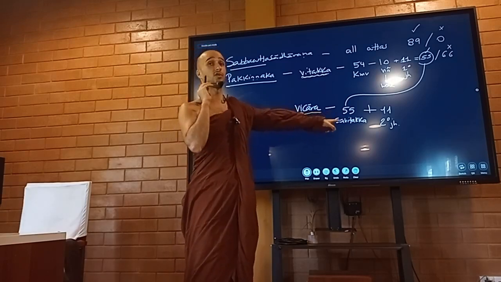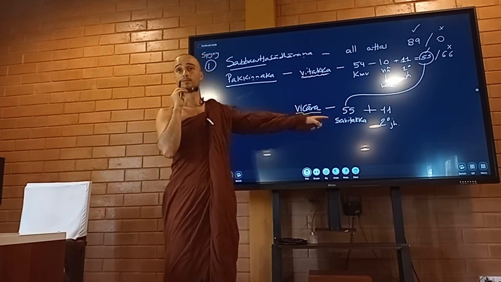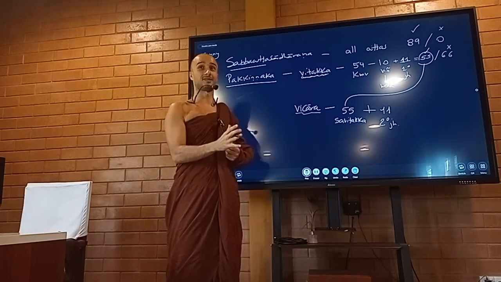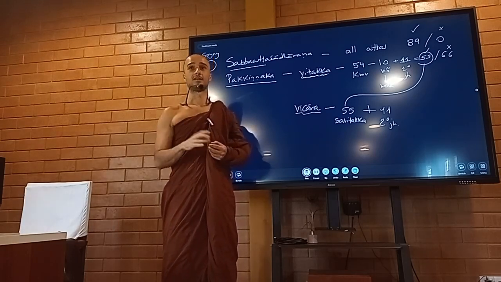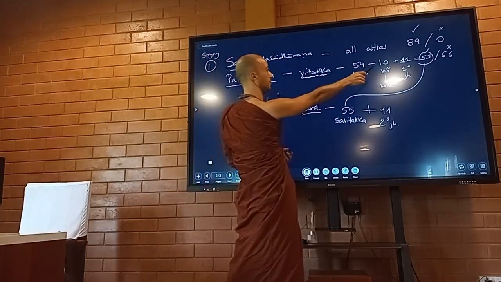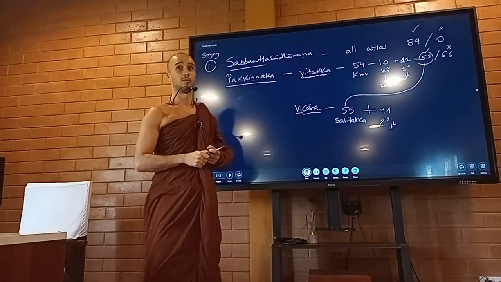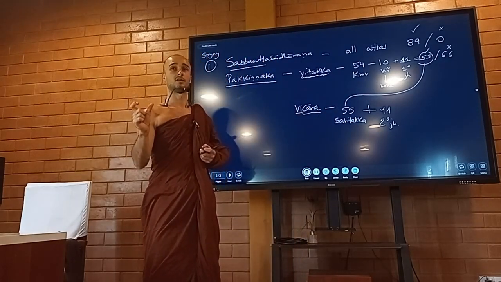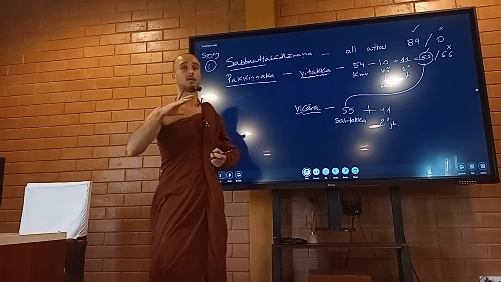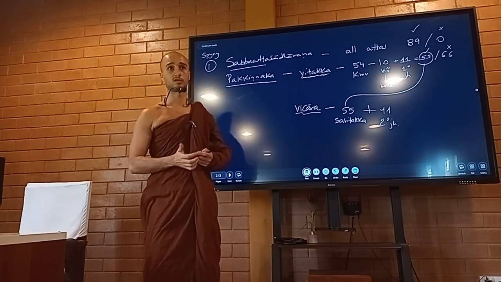So this includes first jhana. Where there is Vitakka, 55, there is also Vichara for sure. But in the second jhana, we remove Vitakka. So Vichara appears in 11 extra Cittas. Do you understand the difference?